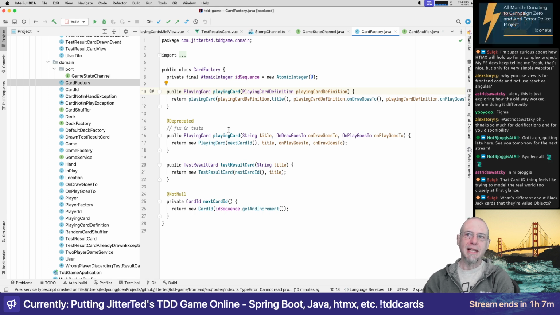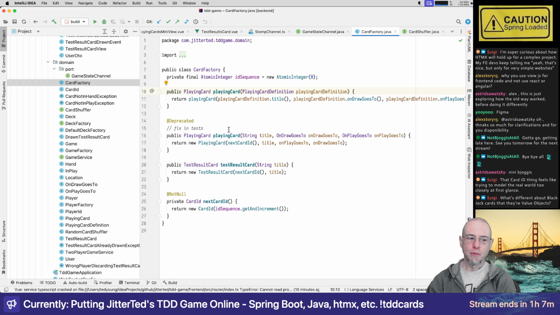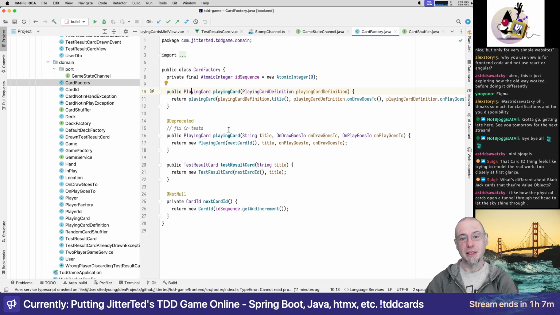Well, I think what's different about blackjack is that cards are interchangeable. But I think actually they are value objects. They don't need an identifier because they are identified by the suit plus the rank.